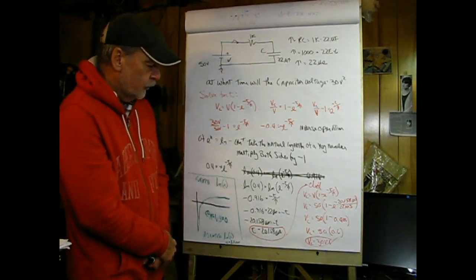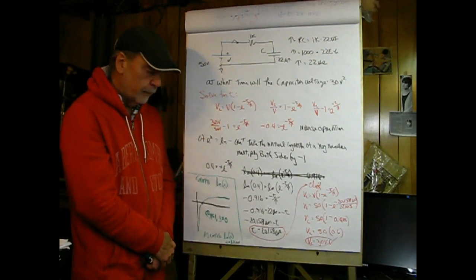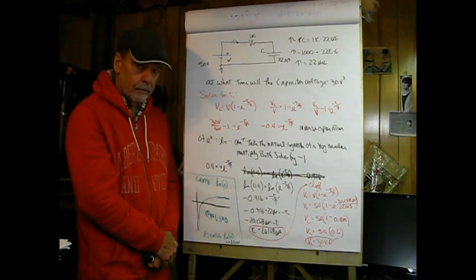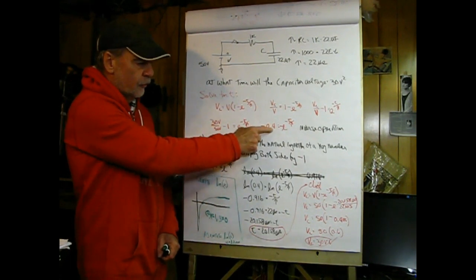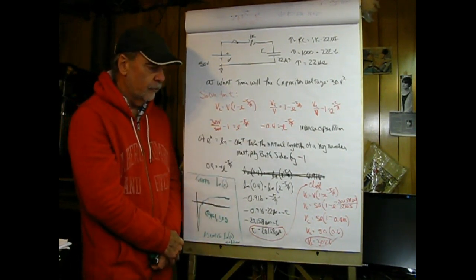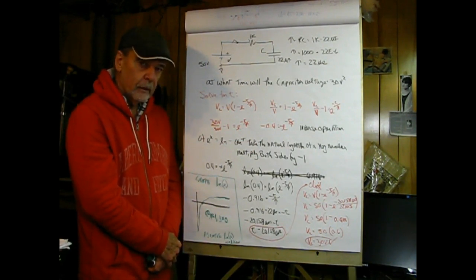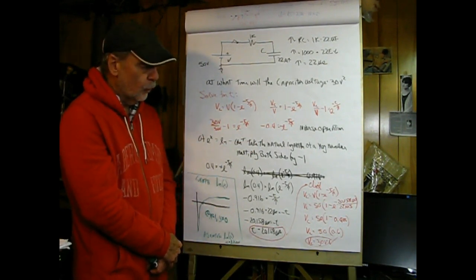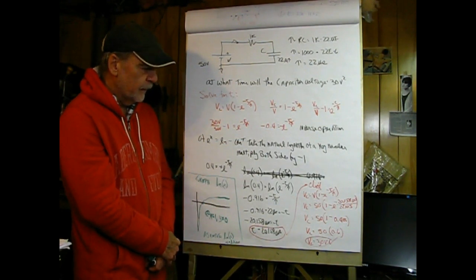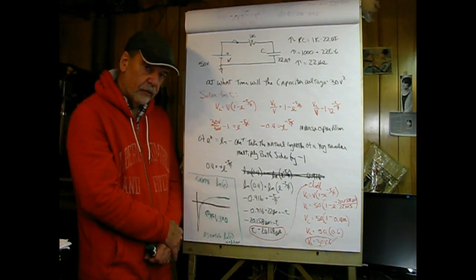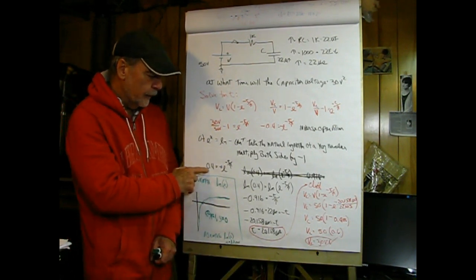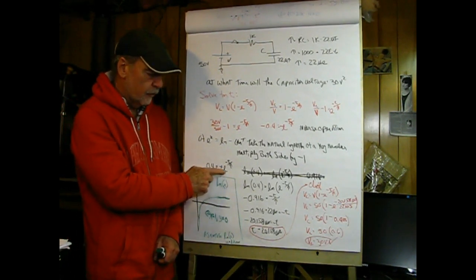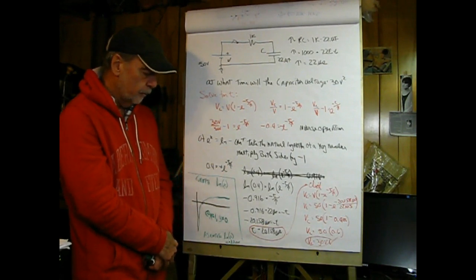The problem is that the natural log is not defined at 0 or any negative values. And here, as you can see, we're sitting at negative 0.4. So what we have to do is convert that into a positive value, and to do that, I'm simply going to multiply both sides of the equation by negative 1. And so doing that gives me 0.4 equals a positive e to the minus t over tau.